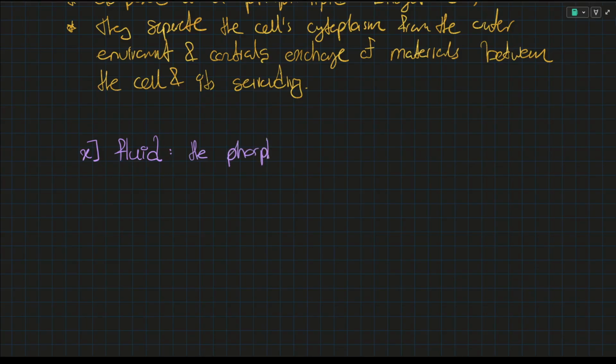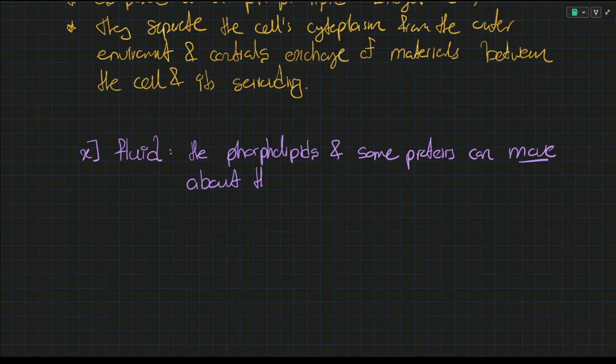Now, these phospholipids and some associated proteins can move about the monolayer by diffusion. That should make no sense to you, and that's perfectly fine. Just hold on to that thought.